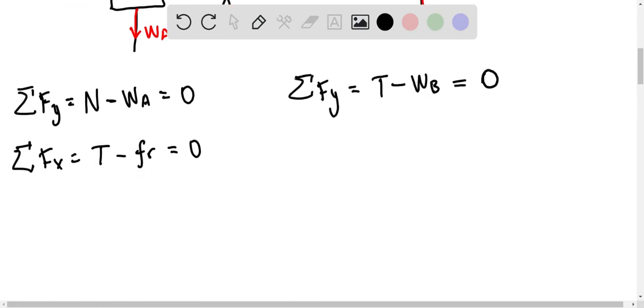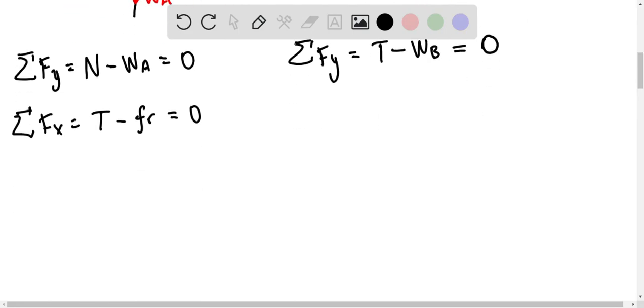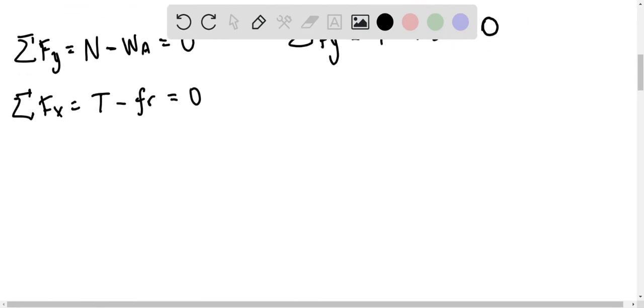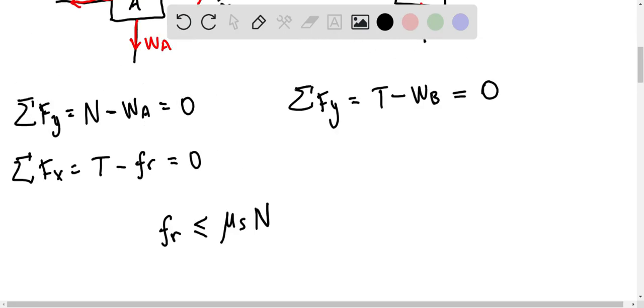Now, first we need to remember that when we are talking about a static condition, the friction force should be less than or equal to the coefficient of static friction times the normal force. So having this in mind, we just need to obtain from all of this.